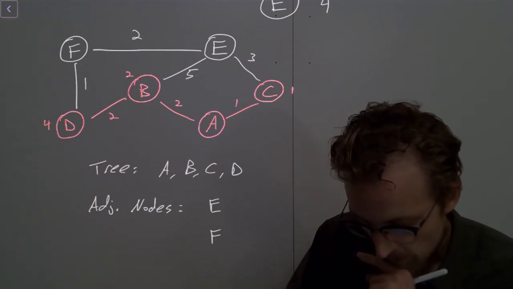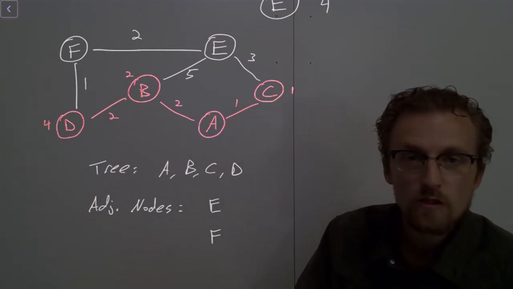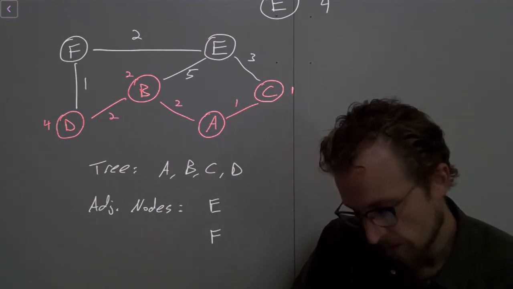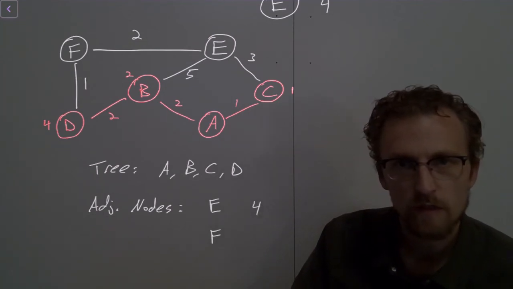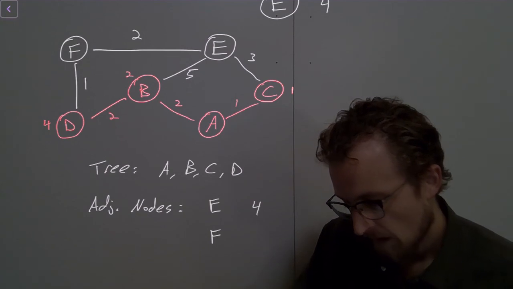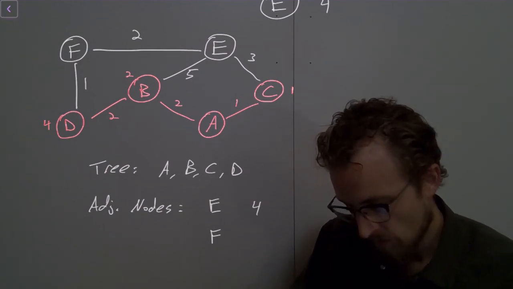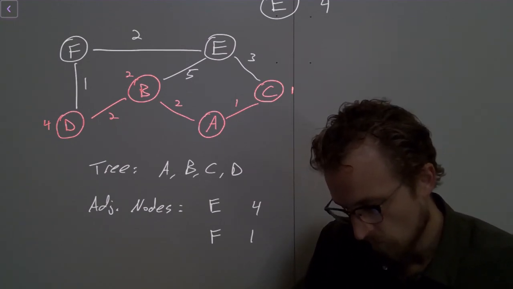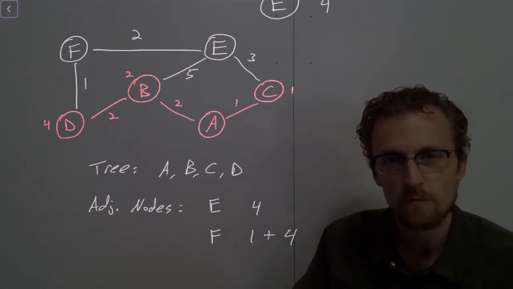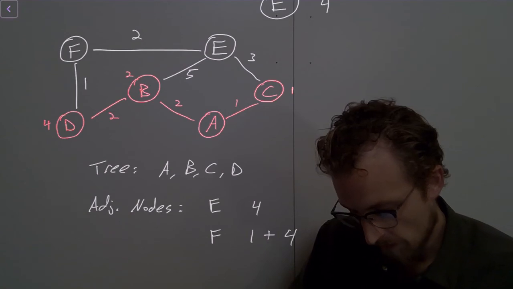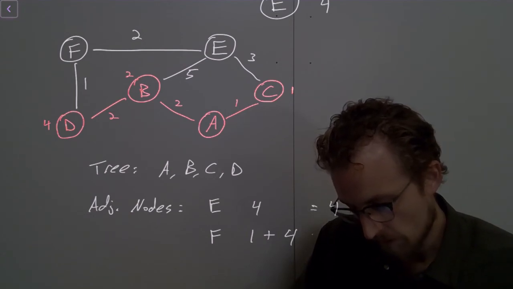So E and F. The shortest known distance from E to A is still 4, right? Nothing has changed there. It still connects to the tree via C. And now the shortest known distance from F to A is 5, right? It's 1 plus 4, 1 plus the distance from D to A. So here this is 4, this is 5.